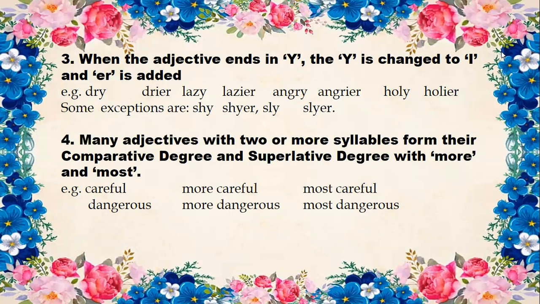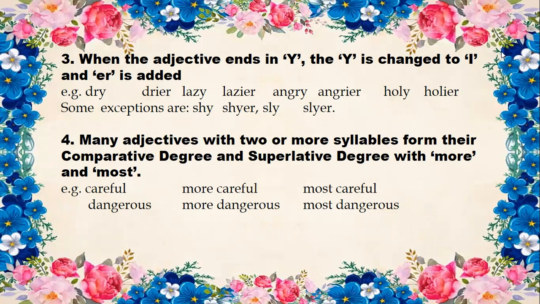Now dry, the ending word is Y. So we will remove that Y. Instead of Y, we will write I and then ER will be added. So dry, drier, DRIER. When an adjective ends in Y, the Y is changed to I and ER is added. So same thing for lazy, lazier, angry, angrier, holy, holier.